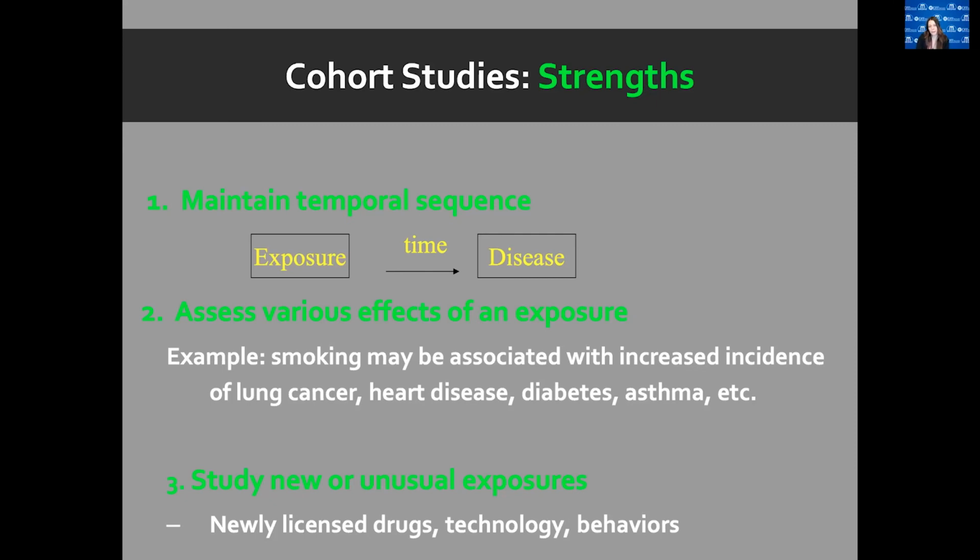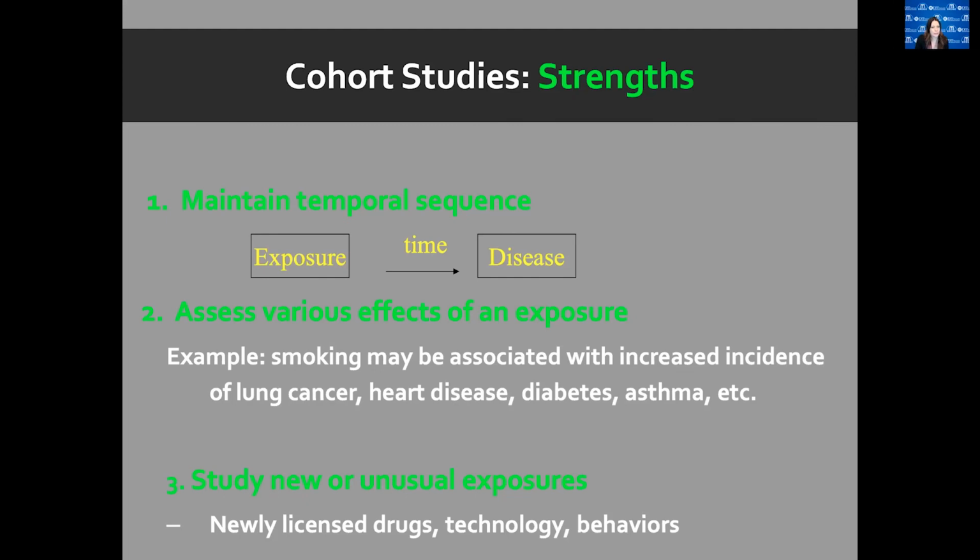If we have a cohort study where we're asking people about a bunch of different health characteristics, we might be interested in seeing whether coffee consumption is associated with cancer outcomes. We might also want to see whether coffee consumption is associated with heart disease and diabetes and so on. So you can look at a number of different potential health outcomes as they are related to an exposure.